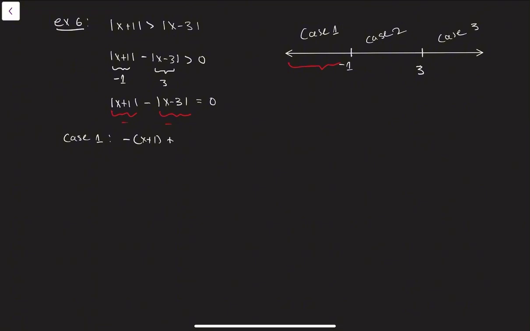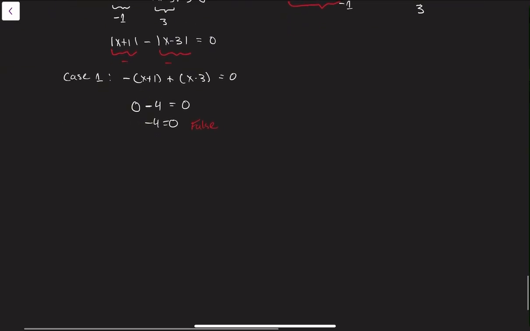This becomes a positive because a negative by a negative is positive. X minus 3 is equal to 0. Then we just get our x's canceling each other out. And we'll get -4 is equal to 0. And -4 is equal to 0 is false, which means it's inconsistent. Can't use this case. Let's use case 2.